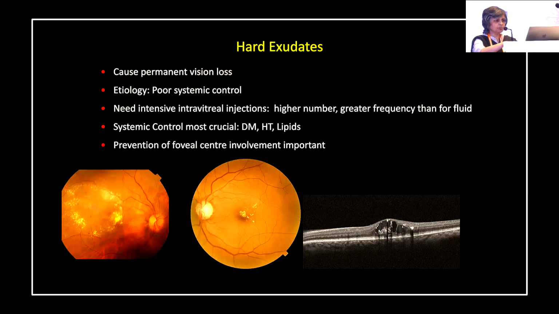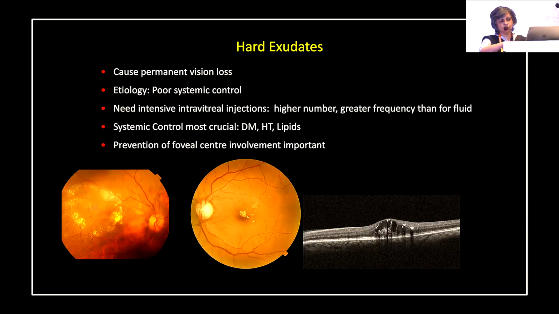Another problem is the hard exudates which accumulate when the patient is not treated right at the onset. And these hard exudates, once they come, generally cause permanent vision loss. Most importantly, the cause is also poor systemic control, uncontrolled diabetes or dyslipidemia. They need more intensive intravitreal injections, a higher number of injections with greater frequency for resolution.